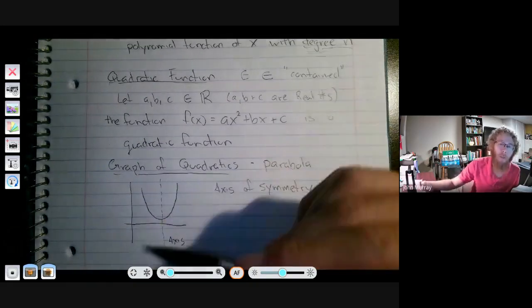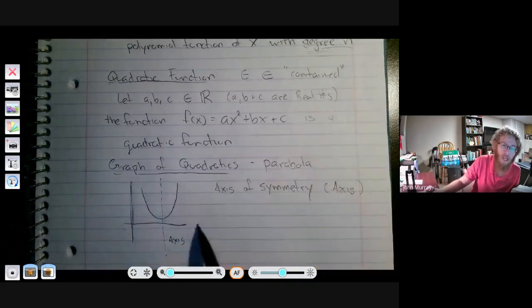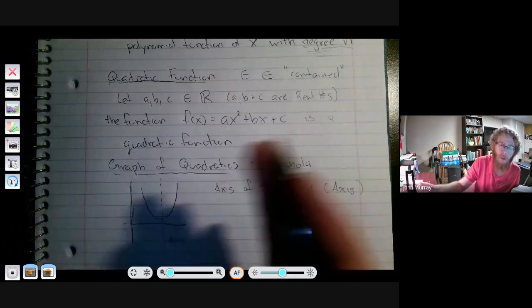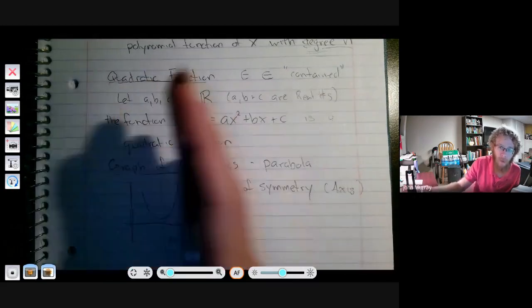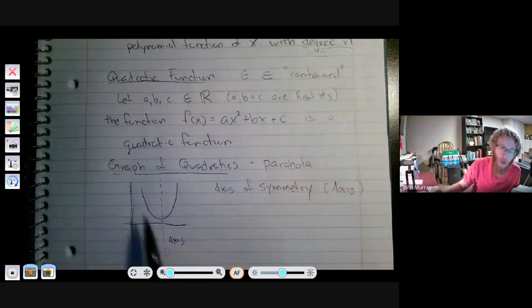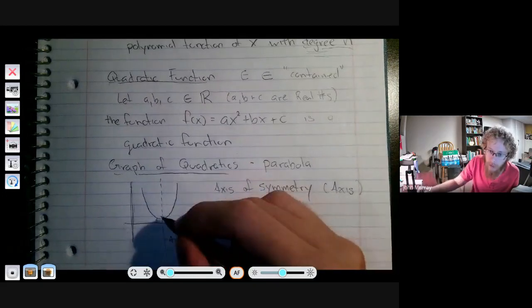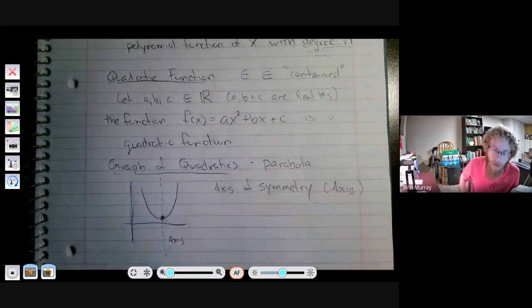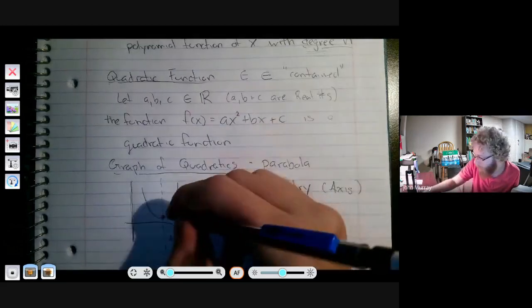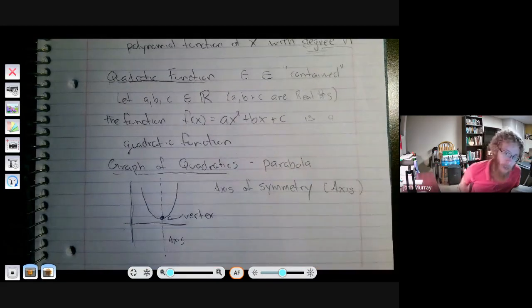In geometry, you guys mostly talked about symmetry over the y-axis or the x-axis. But we can move that line of symmetry on the graph, and our parabola follows that line. With respect to the axis, where it crosses the graph, we call that the vertex.